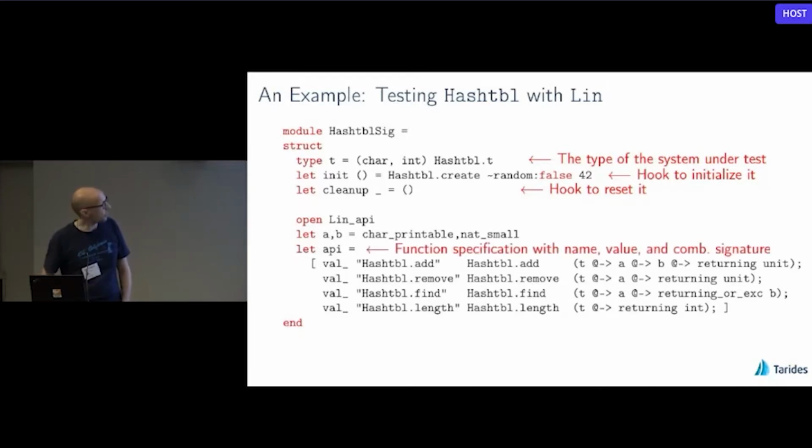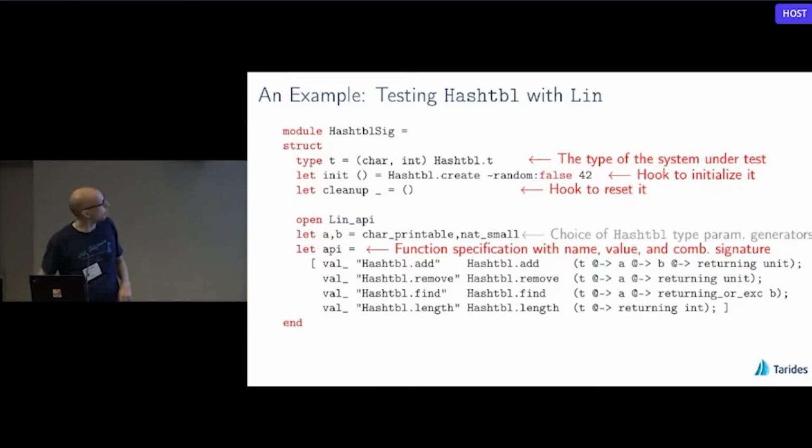And then, exactly which operations do we want to test? And so we specify them in this C-types-like manner with a name, the actual value, and then a combinator signature describing the signature of each operation.